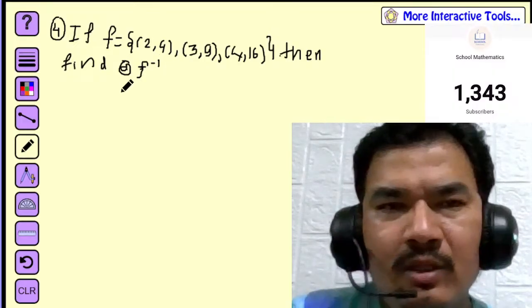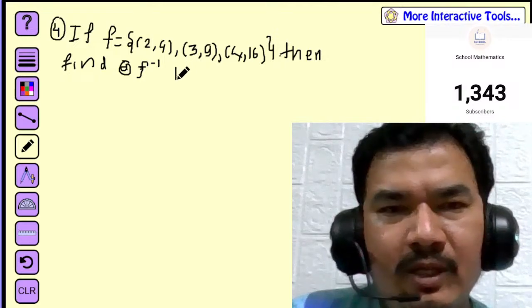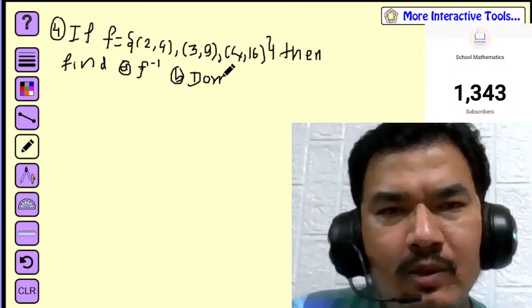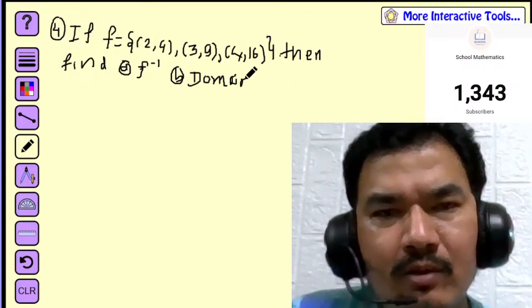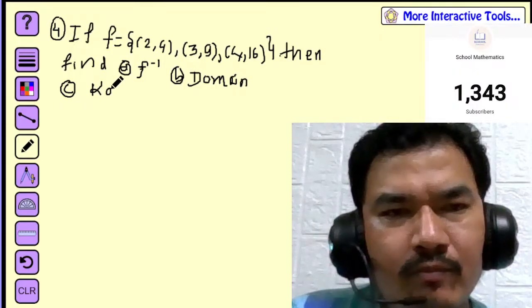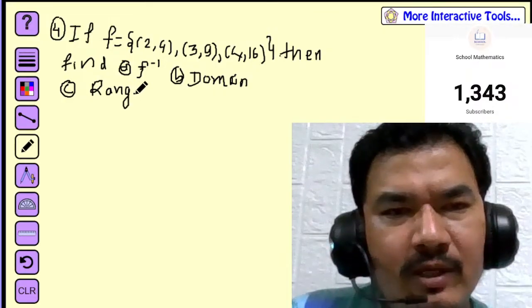Then B is asking to find the domain, and number C, if it is asked to find the range.